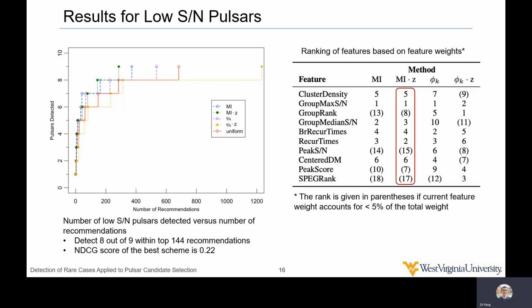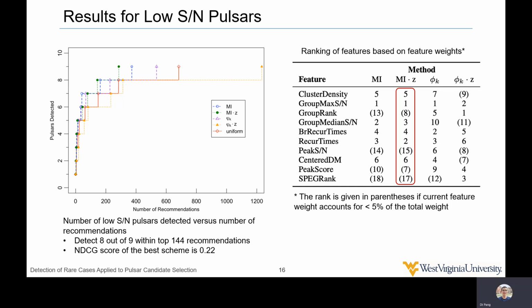In practice, one can expect to detect 8 out of 9 pulsars by inspecting the top 144 recommendations of each target case. On the other hand, the NDCG score is only 0.22 because of class overlapping.